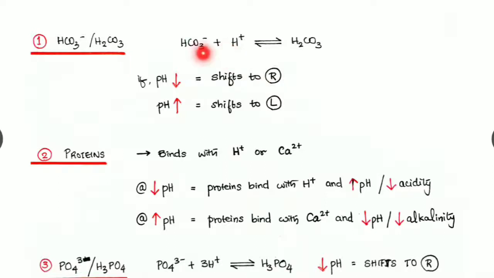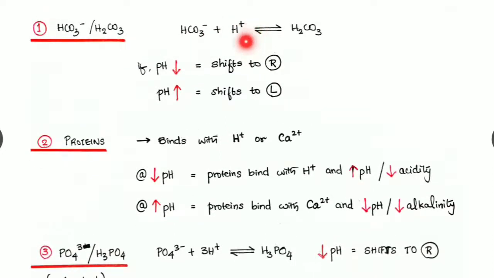Why? Bicarbonate combines with this acidic H+ to give a much weaker acid, H2CO3. So the more acidic H+ is being converted to H2CO3, which is a much weaker acid. Thus we are able to decrease the acidity in the blood.